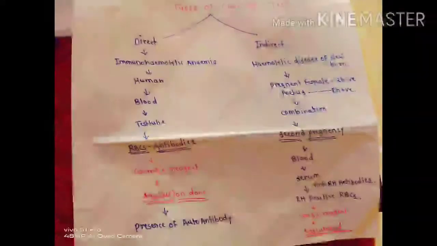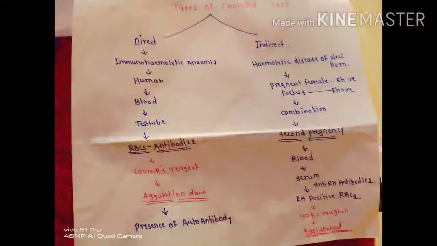Then in this indirect test we add Rh positive RBCs to her serum, and then we add the Coombs reagent to it, since we are not taking a direct sample of cells from her. When we add the Coombs reagent to this sample, the RBCs are agglutinated and settle at the base of the test tube, meaning this is a positive Coombs test.